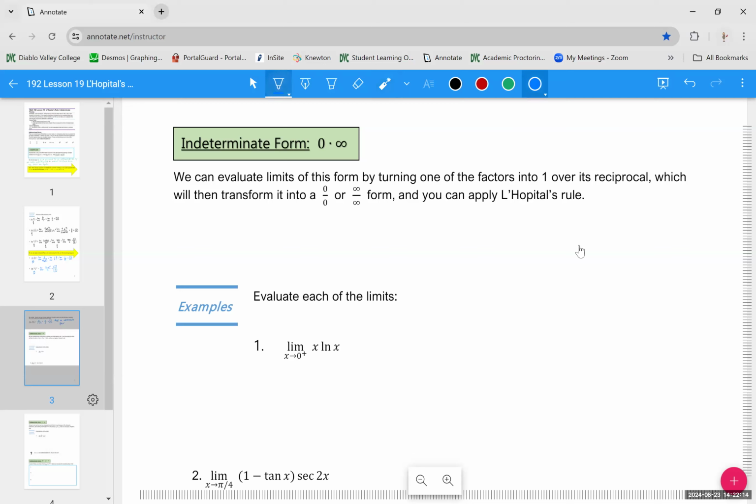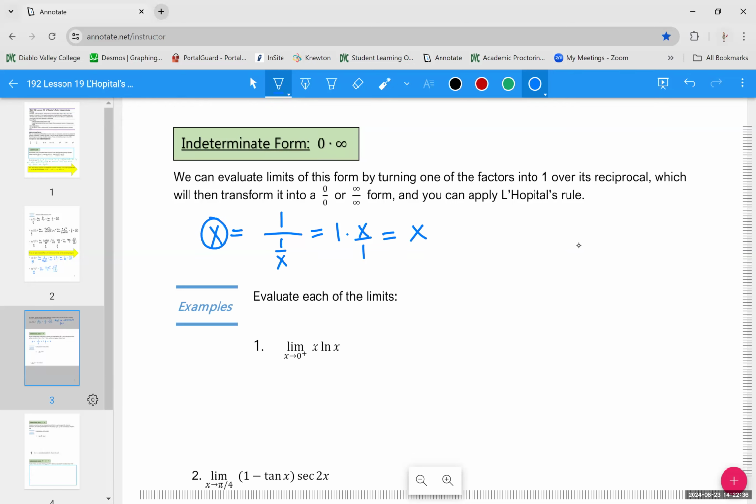Let me show you a quick example. Let's just start with x. Its reciprocal is 1 over x. So if I move 1 over x to the denominator, which would just leave 1 in the numerator, that's the same as the numerator times the reciprocal of the denominator, which is just what I started with, right?